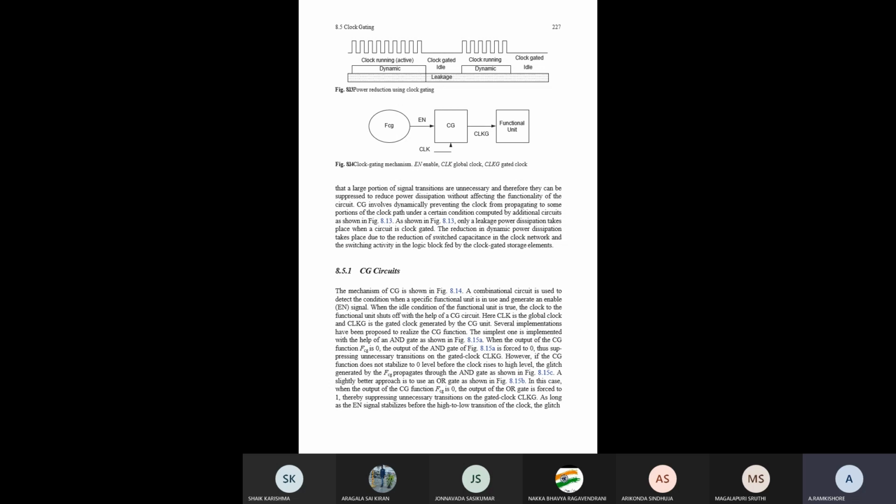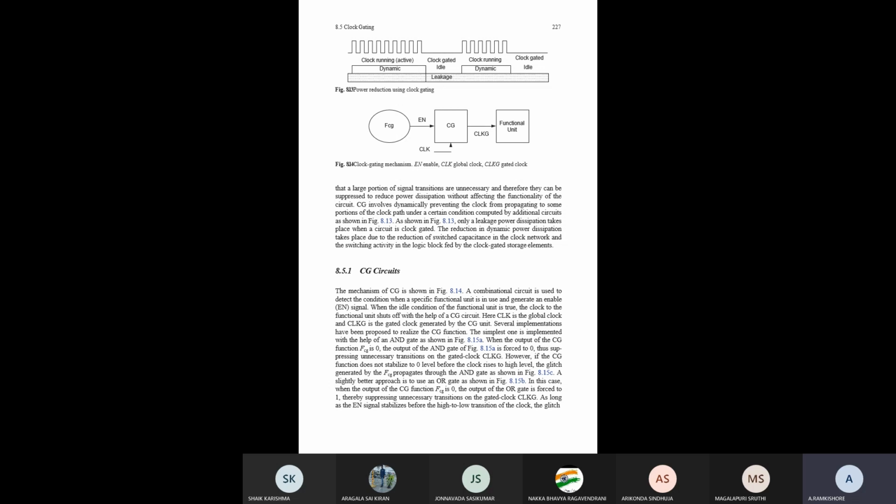Clock gating involves dynamically preventing the clock from propagating to some portions of the clock path under a certain condition computed by additional circuits. Only a leakage power dissipation takes place when a circuit is clock gated, and the reduction in dynamic power dissipation takes place due to the reduction of switched capacitance in the clock network and the switching activity in the logic block fed by the clock gated storage elements.